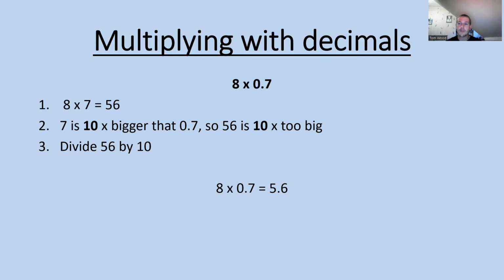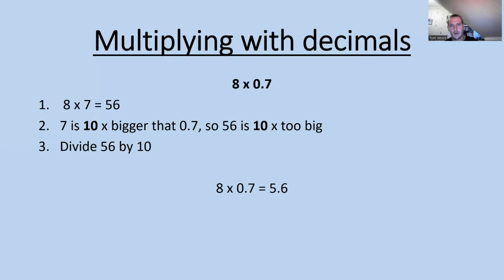If that doesn't make sense, please don't worry. We're going to look at multiplying and dividing by tens, hundreds, and thousands in our percentage lesson. It is a very, very useful skill to be good at because it helps us with switching between measurements, like centimeters to meters, etc. And it also is very, very useful for fractions and percentages. It's a very, very nice skill to know. So that's one way of looking at it.